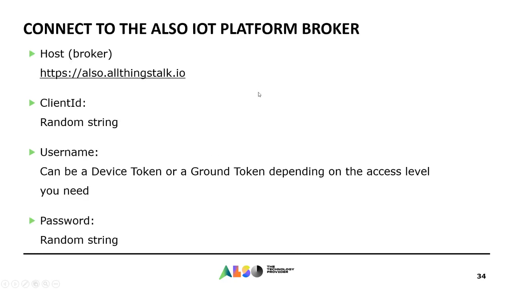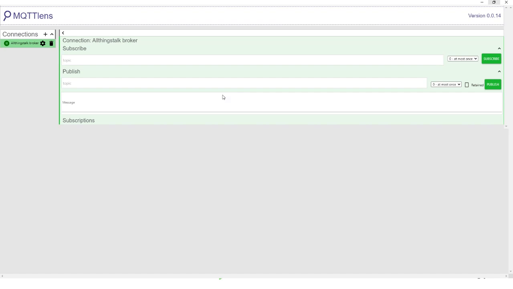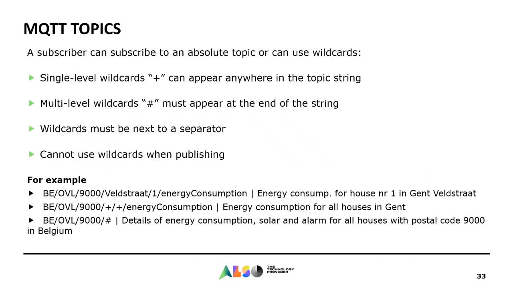I will give you an example with MQTT Lens. MQTT Lens is a free app that you can use for testing MQTT messages. It is supported for Mac also.